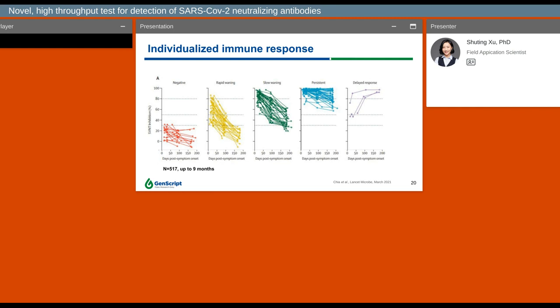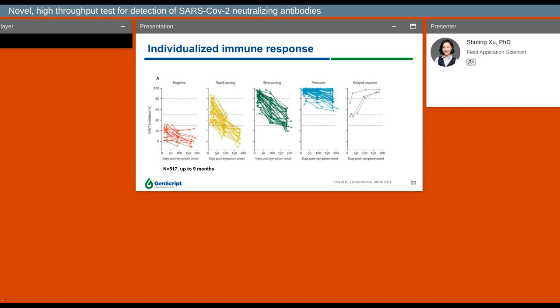The third group, the green group, is the so-called slow waning. They start with a very high immune response after the infection, and this neutralizing antibody response lasts quite long; at 150 days they are still above the positive line. And then the fourth group, which is also a major group, is called the persistent group.